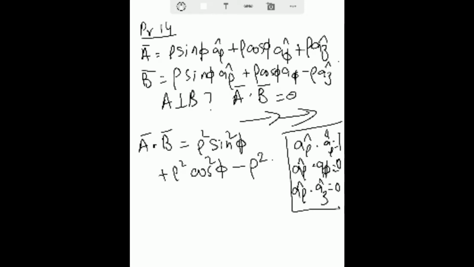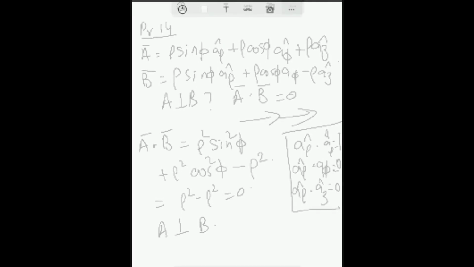Now it is a very simple trigonometric relation. Sine square phi plus cos square phi is 1, so the answer will be rho square minus rho square, which is 0. So the two vectors are perpendicular to each other at every single point.